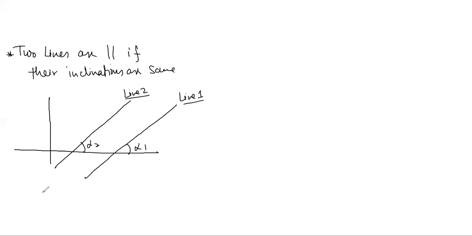So alpha 1 will be equal to alpha 2. Their inclination will be same, which means that tan of alpha 1 equal to tan of alpha 2, which means that slopes of both the lines will be equal. So two lines are parallel if and only if their slopes are equal.